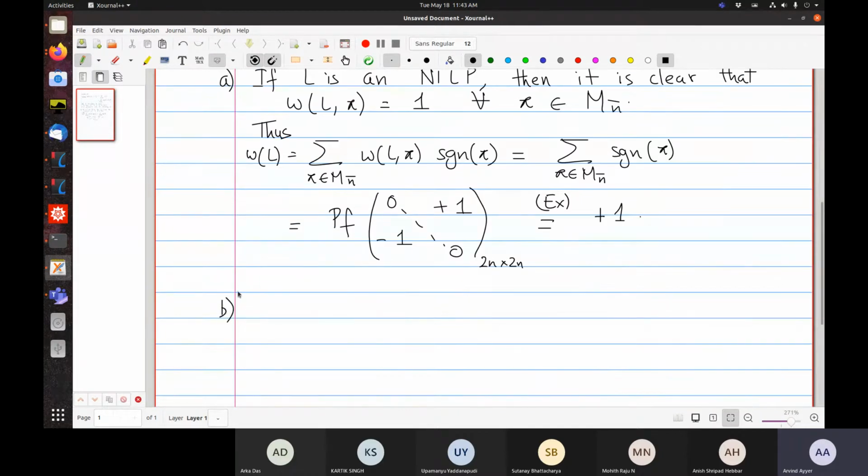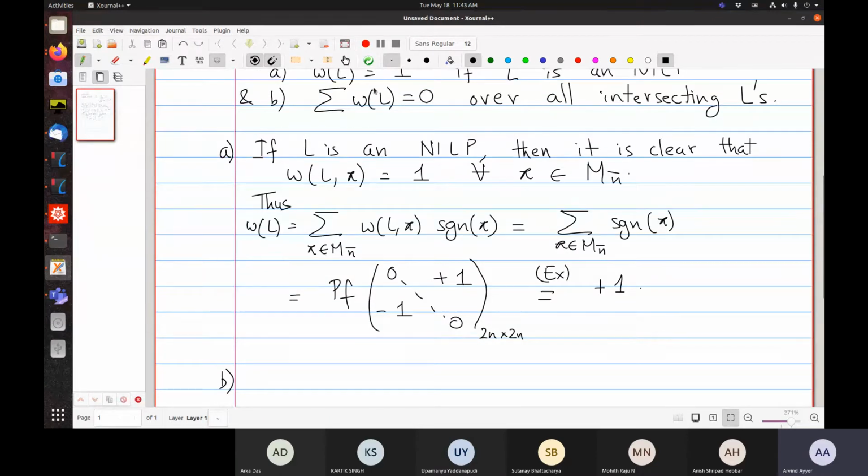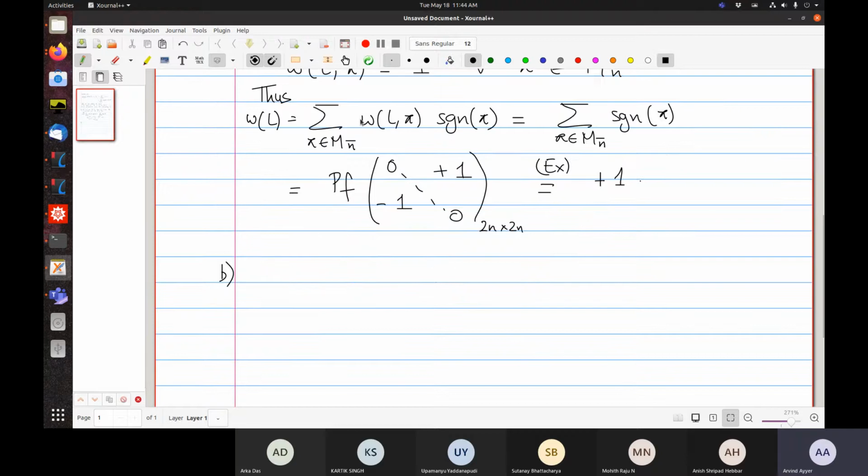Now I want to show that if I sum over all intersecting lattice paths of the weight, I'll get 0. But here, the idea is similar to the proof of the LGV theorem, lemma, whatever.